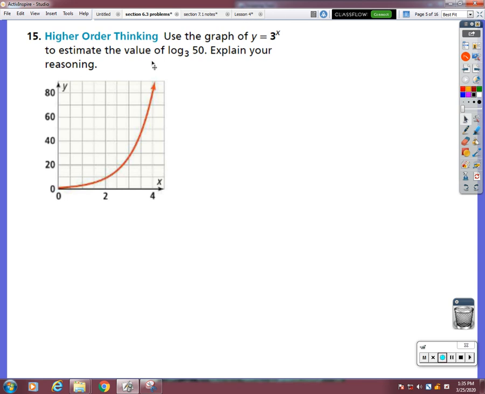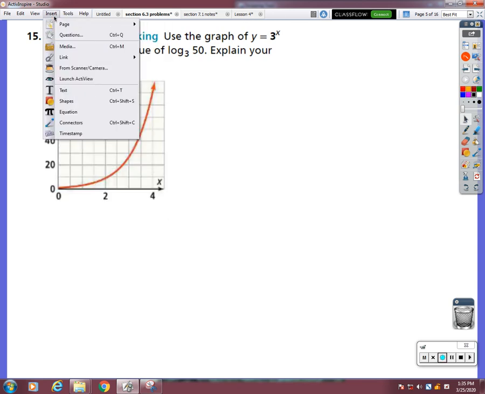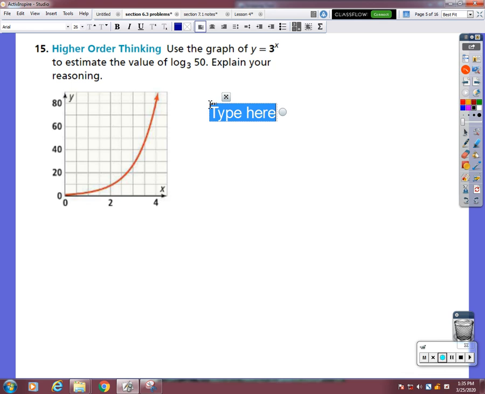So if we're trying to figure out the value of log base 3 of 50, what we're being asked is what power I would have to raise 3 to get 50 as an answer. So if I look at the graph here, that looks like it's going to be, hard to read that. Oh, this is 3.5, I don't know, maybe about 3.6.